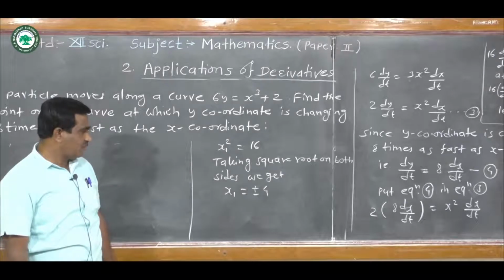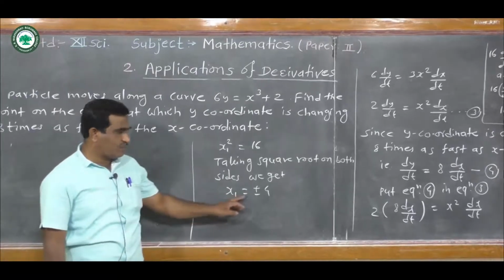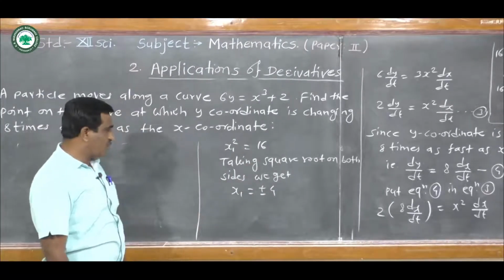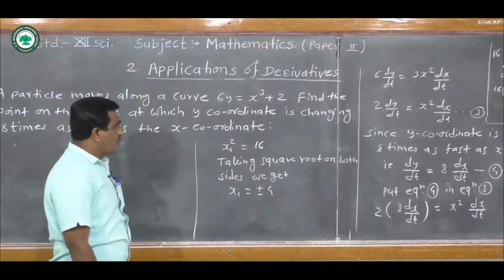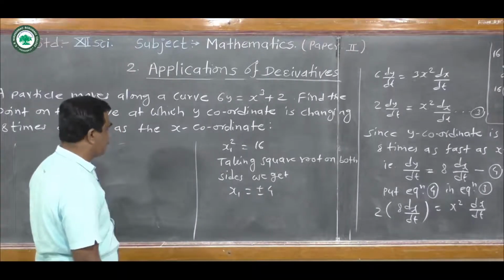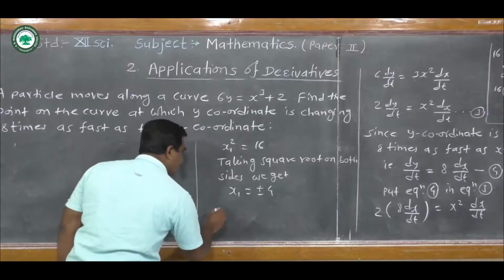That is, we get two values: x1 equal to plus 4 and x1 equal to minus 4. Now we have to find the value of y1.